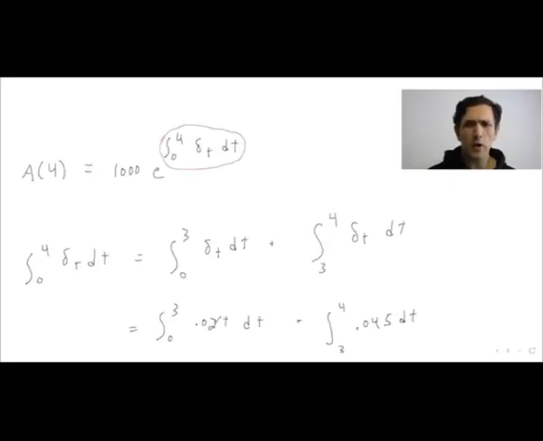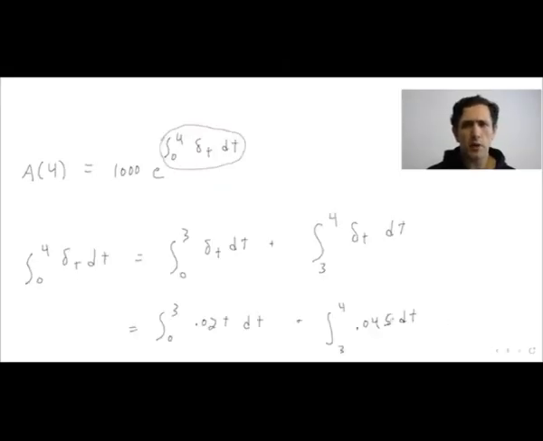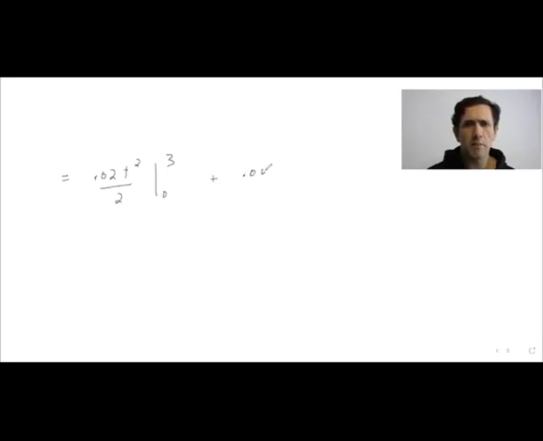You integrate 0.02t to get 0.02t squared over 2. Integral t is t squared over 2. So this is evaluated between 0 and 3, and you integrate 0.045 to get 0.045t between 3 and 4.